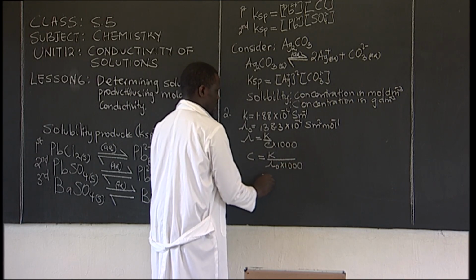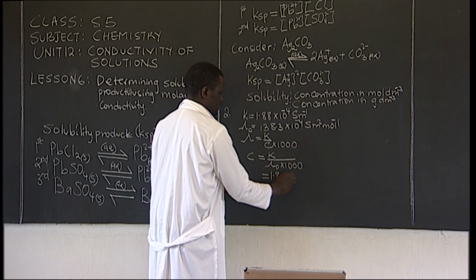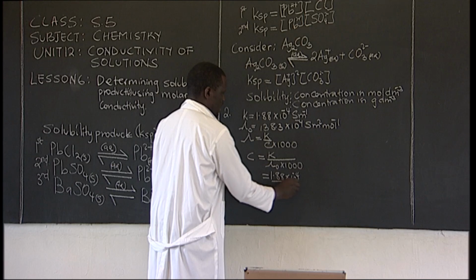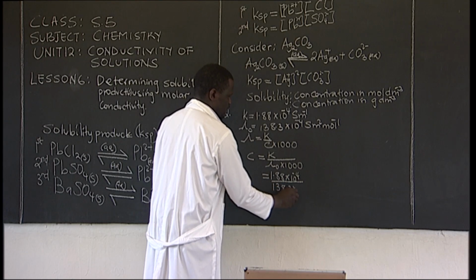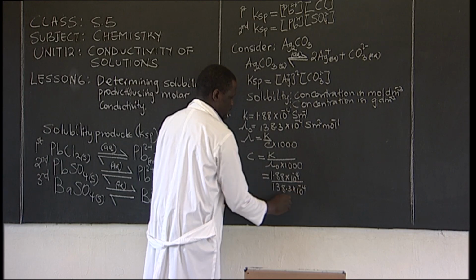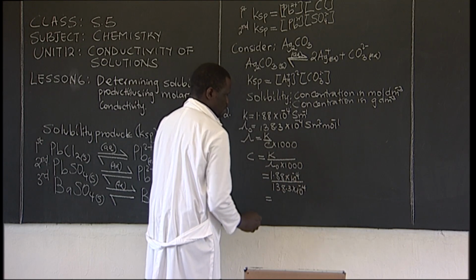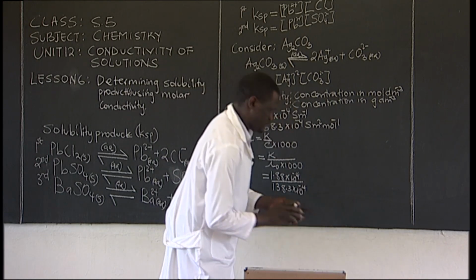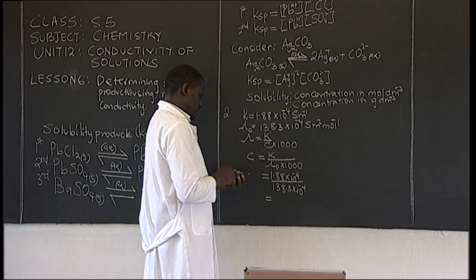So kappa is 1.88 times 10 to the power negative 4, divided by 138.3 times 10 to the power negative 4. We cancel this and cancel that, then we divide, so we shall be able to get our C. The value is 1.88 divided by 138.3.